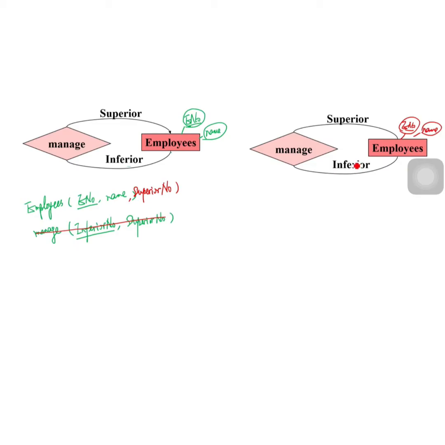How to convert it? There is only one way. Employees: E number is the primary key, and name. Because it is a many-many relationship, we must convert manager to a relation. Manager has two sides. This side is superior, so almost the same as this one.